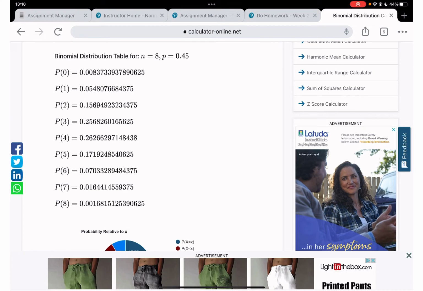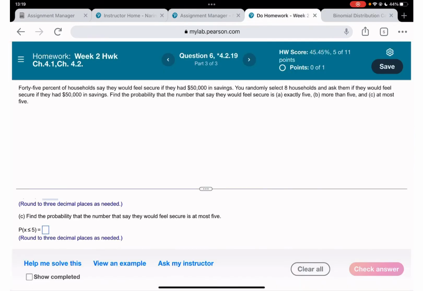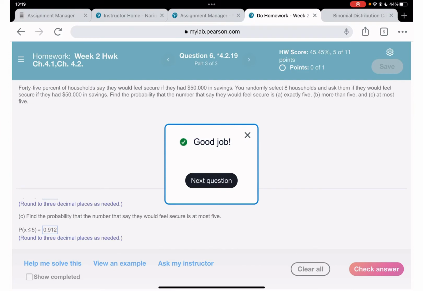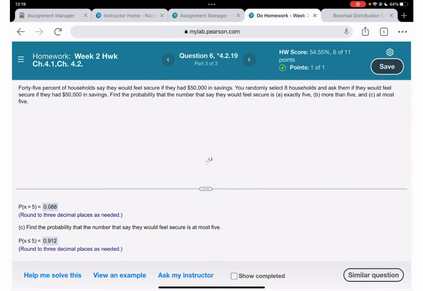So I take 1 minus the previous answer, 0.088, the sum of more than 5, and I get 0.912. Very good. I think we're done with this.